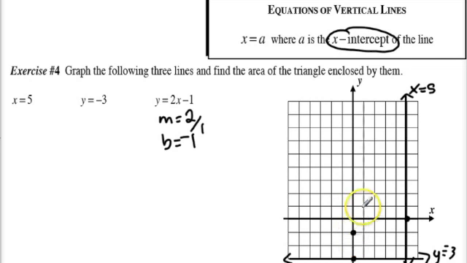So we're going to begin at -1 and go up 2 over 1, up 2 over 1, up 2 over 1. And we're trying to connect this because we're going to get a triangle here, remember. So how about down 2 and over 1?